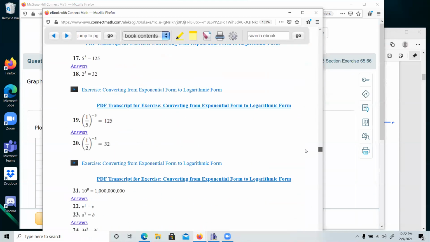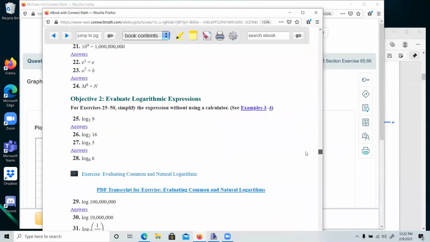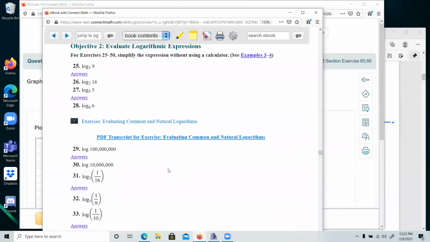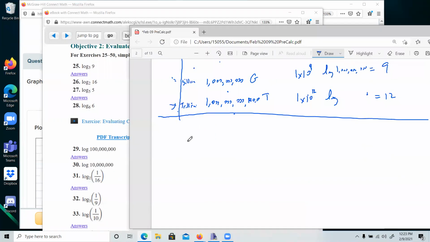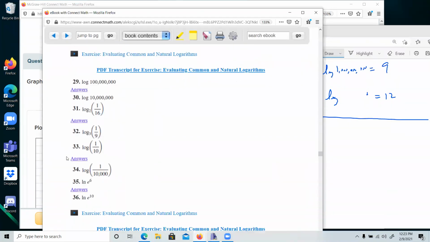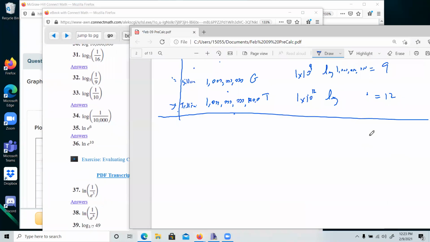This is an important skill: being able to translate to equivalent exponential forms. So when I have, what is log base 2 of 1/16? I don't know off the top of my head.